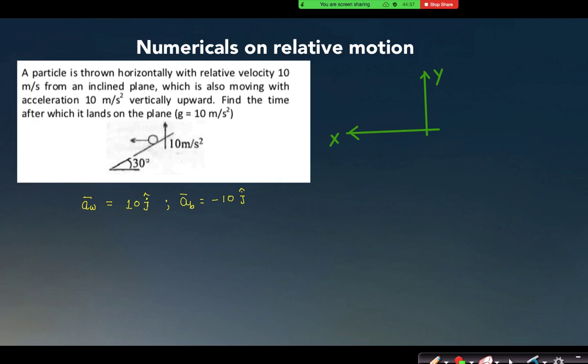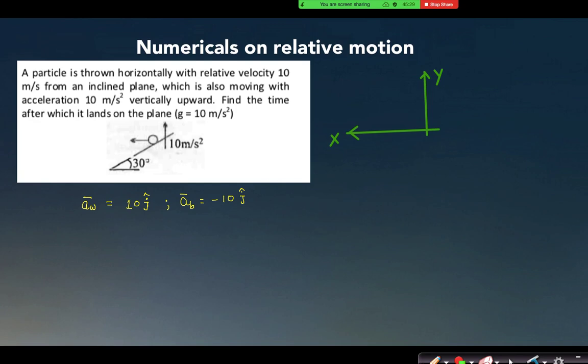Let me give you the situation again: a train is moving with 10 meter per second with some acceleration, say 15 meter per second square in the same direction, and you have a ball in your hand which you drop at t equal to 0. Just after t equal to 0 you drop the ball, there is no contact between the ball and the train or you. So what will the acceleration of the ball be with respect to ground, 15 or 10?